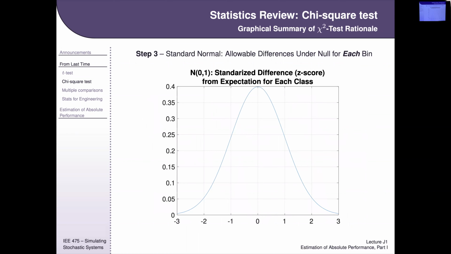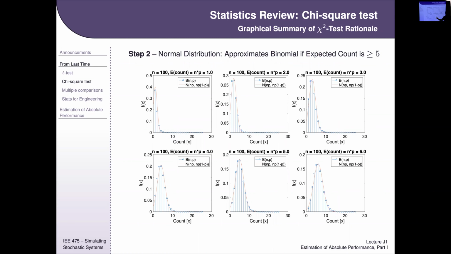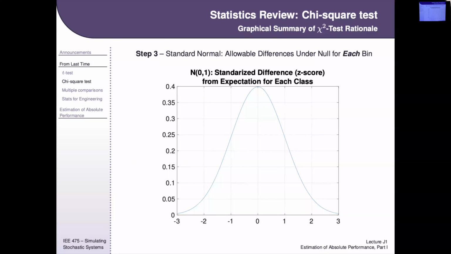And so the idea here is that if each one of my bin counts can be approximated as a normal, then I basically can standardize them. I can take each one of those bins, subtract off the mean for that bin, and divide by the standard deviation of that bin, and every bin in my chi-squared test can be represented by a standard normal, so sort of a z-score.